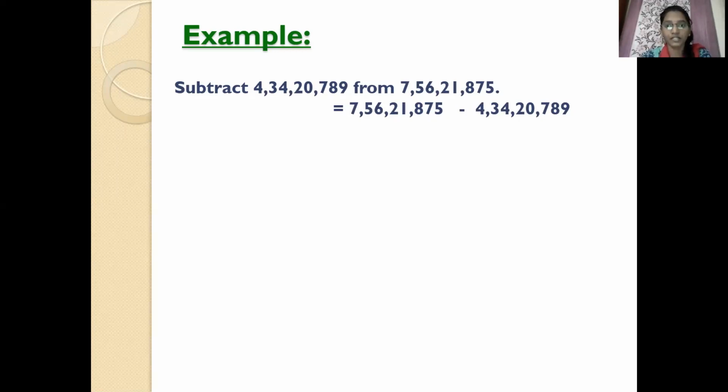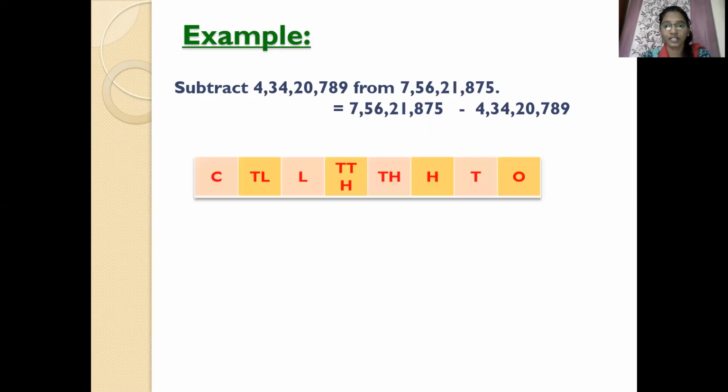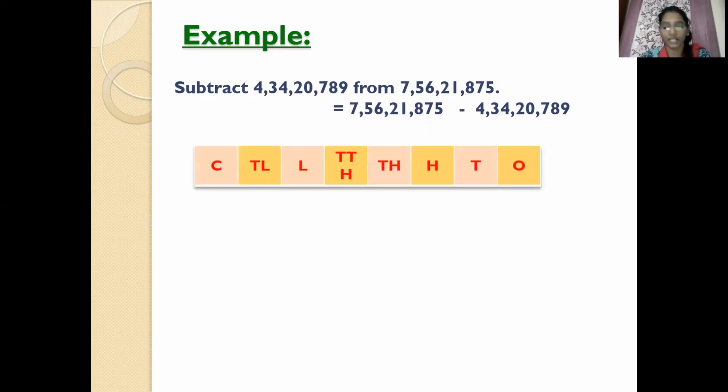20,789. Let's take the place values, the places in which you will arrange the digits according to their places. The first, larger number is 7 crore 56 lakh 21,875. Once you arrange them in their places, you'll take the second number, the subtrahend, which is 4 crore 34 lakh 20,789.